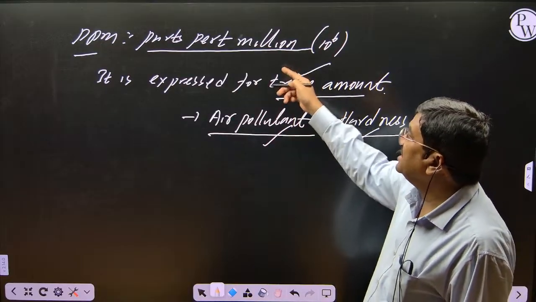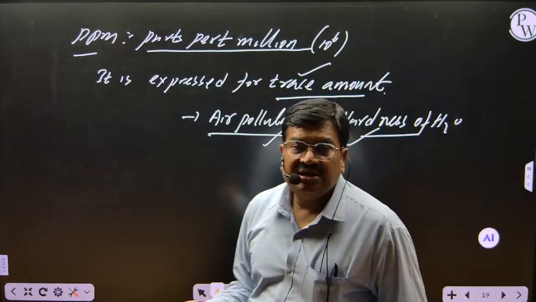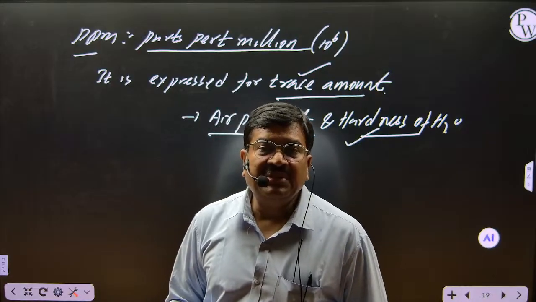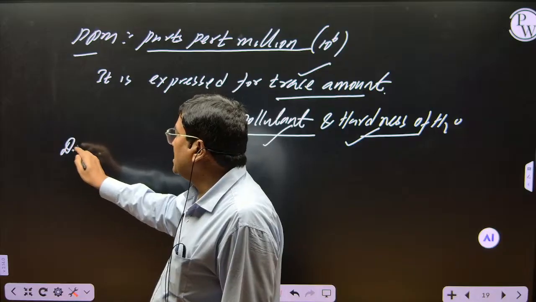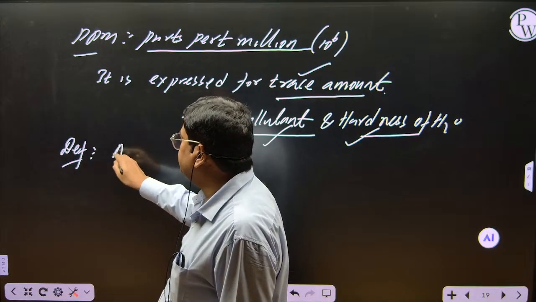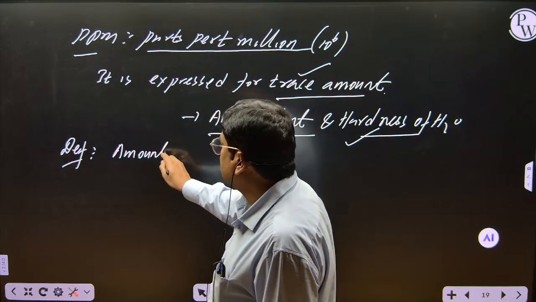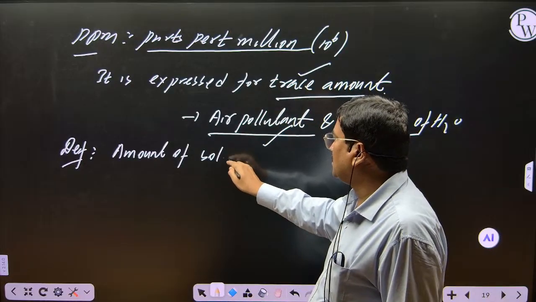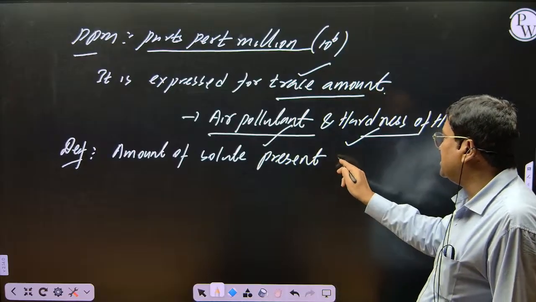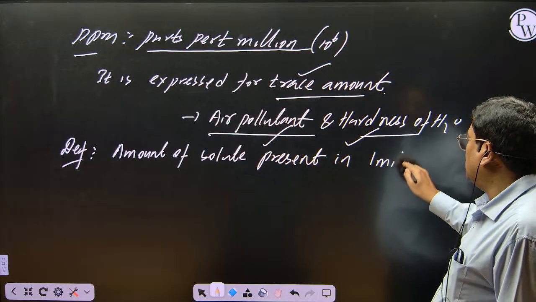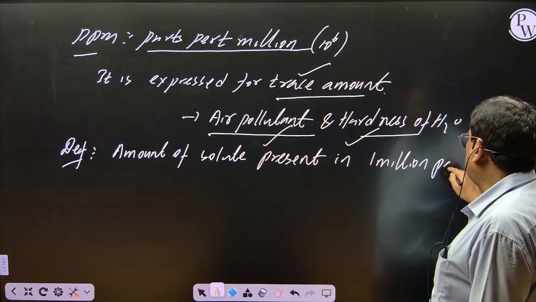Then what is ppm? Just like mass percentage, the amount of solute present in 1 million part by weight of solution. What is the definition for ppm? Make a note. The amount of solute present in 1 million part by weight of solution.